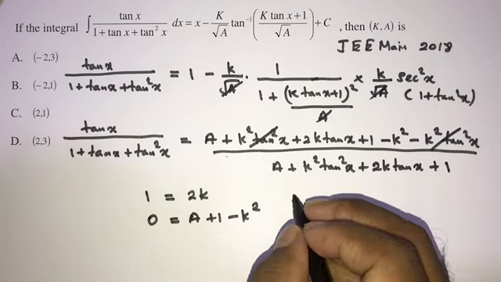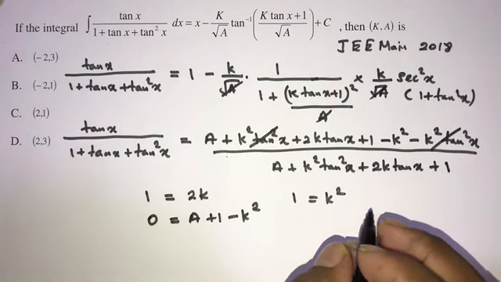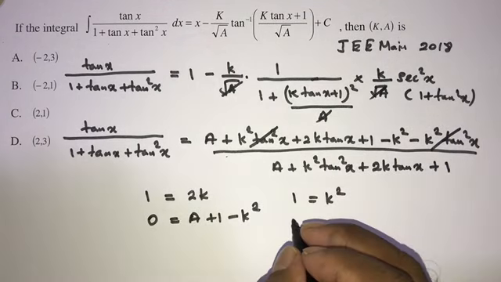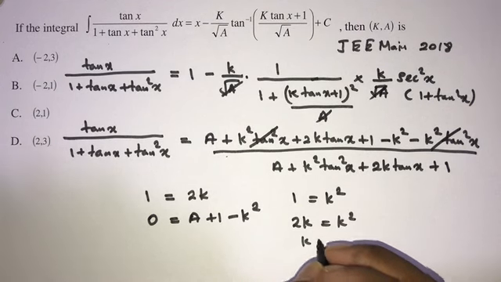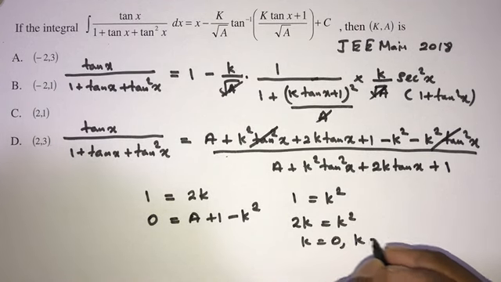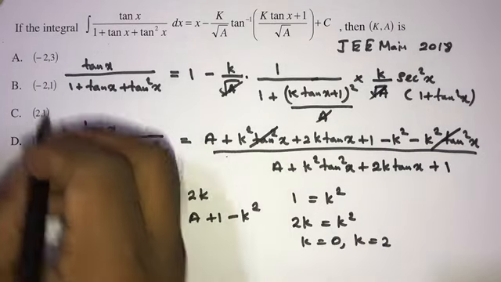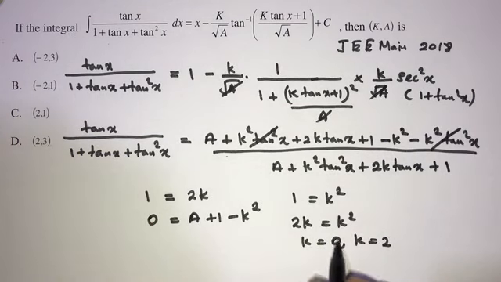So 1 is equal to k square. So now we have 1 is equal to 2 times k, so here 2 times k is equal to k square. So k is equal to 0 or k is equal to 2, but in our options k is equal to 2.